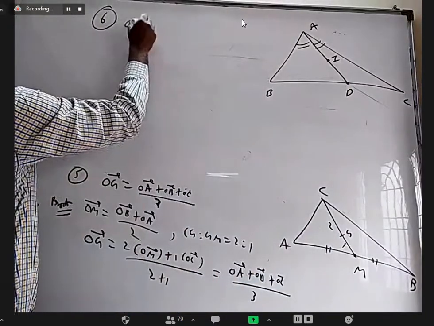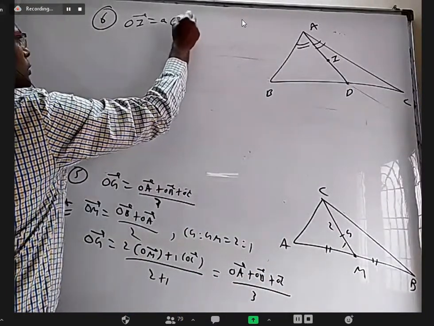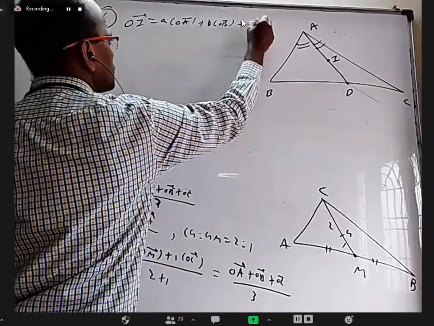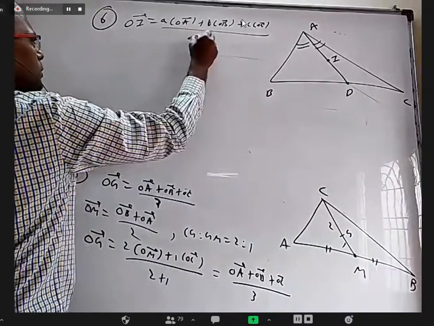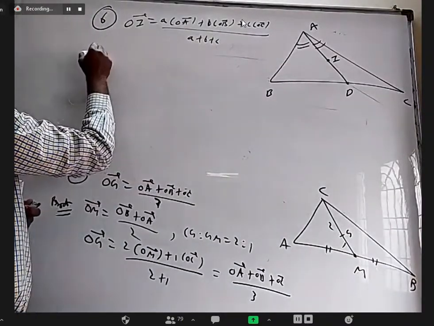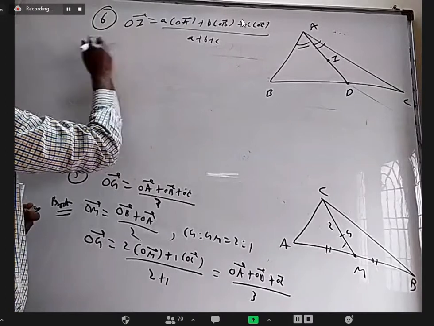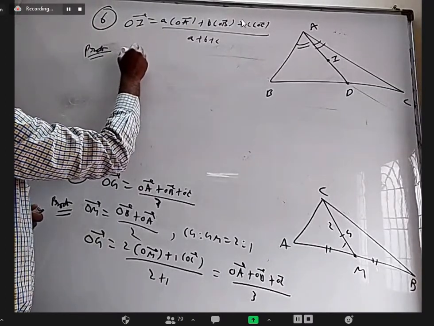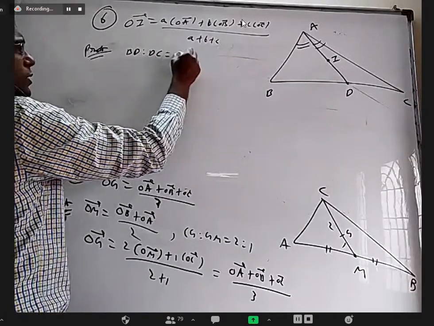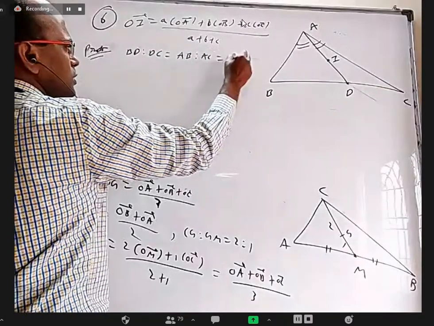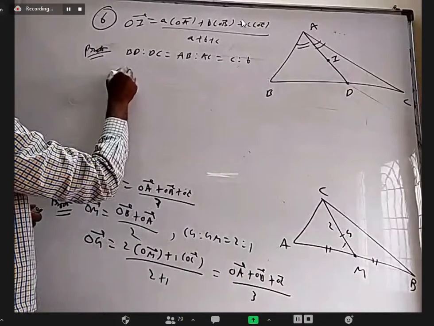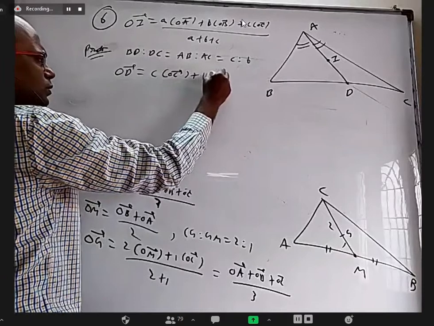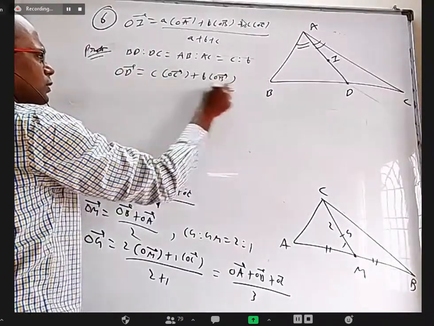OI bar formula is A into OA bar plus B into OB bar plus C into OC bar by A plus B plus C. So first of all, what we know in the proof is BD is to DC, according to the angular bisector theorem, AB is to AC, which is C is to B. So OD bar will be C into OC bar plus B into OB bar by C plus B.